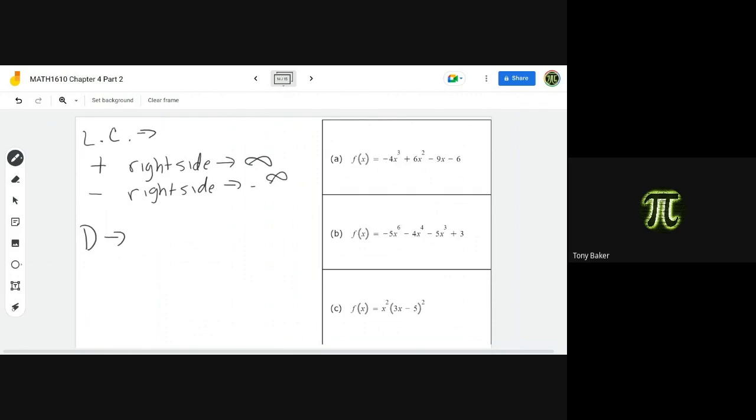The degree helps you figure out what the left side does. If it's even, the left is the same as the right. If it's odd, the left is opposite the right.